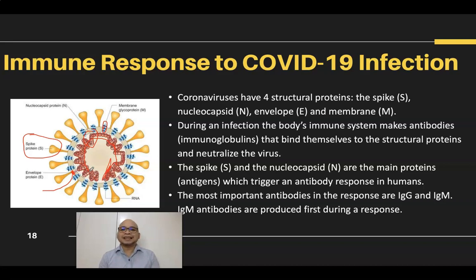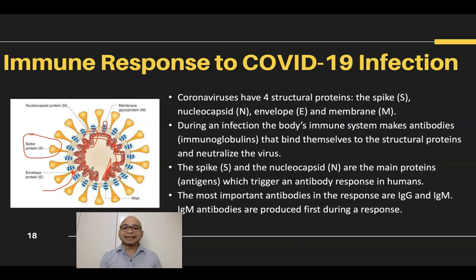During an infection, the body's immune response makes antibodies, or immunoglobulins, that bind themselves to the structural proteins. It is hoped that these antibodies try to neutralize the virus. The spike and the nucleocapsid are the main proteins that trigger an antibody response in humans.